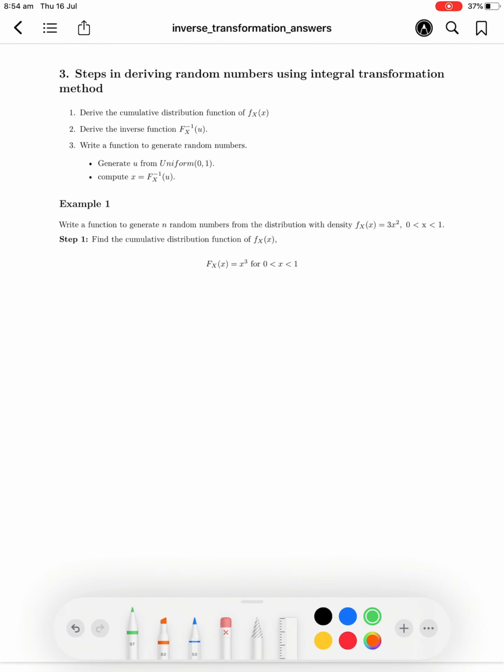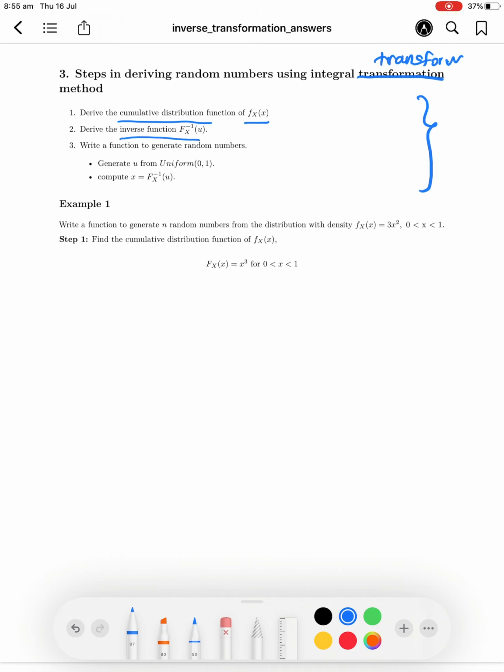Okay, let's go to an example. These are the steps in deriving random numbers using the inverse transform method. First, you have to derive the CDF of f_X.